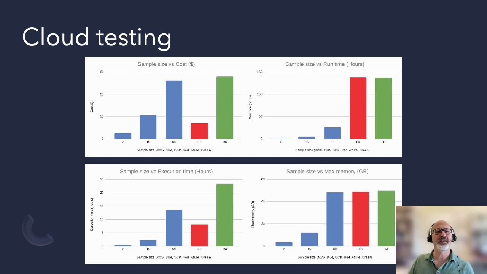We found that Google Cloud Platform offers a fairly nice cost-wise option for running these workflows, though it does increase the amount of memory the more samples you add. And this is because there are several steps in the process that involve pooling the samples together so you can learn appropriate error models for denoising the data, and that can lead to additional cost if you have lots and lots of samples. So it's something to keep in mind.